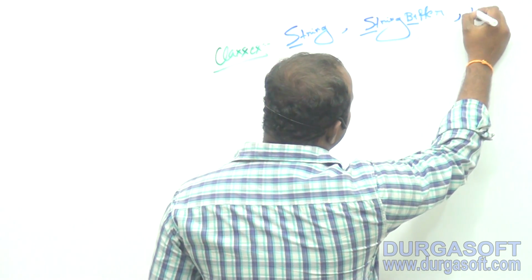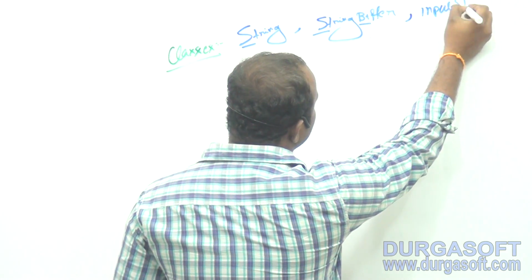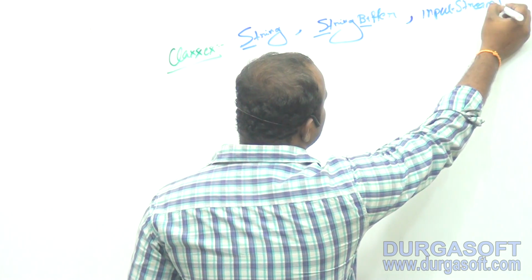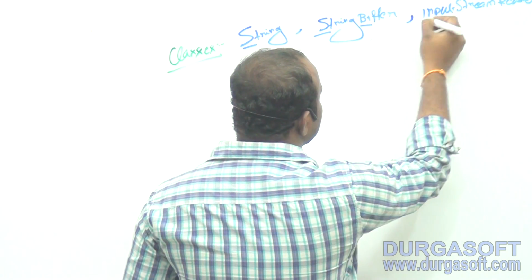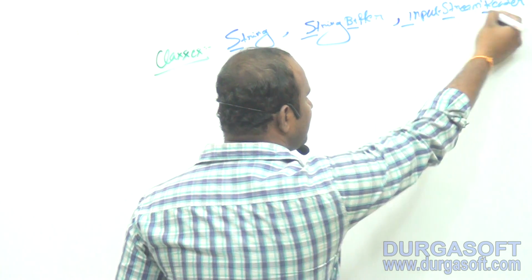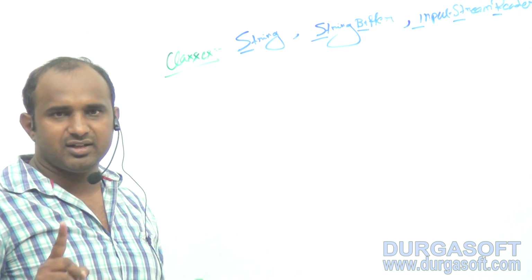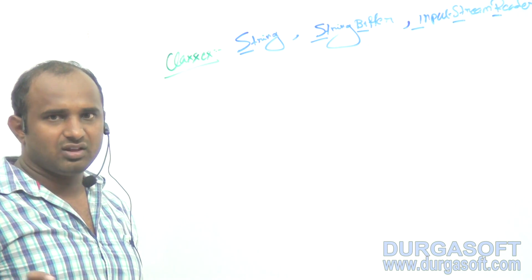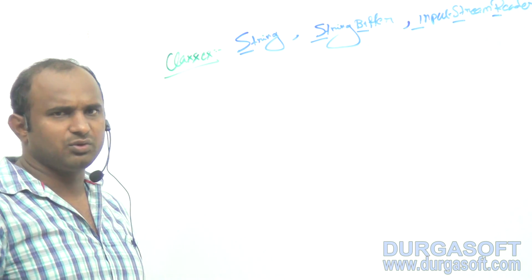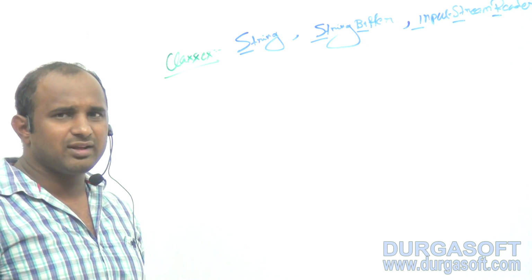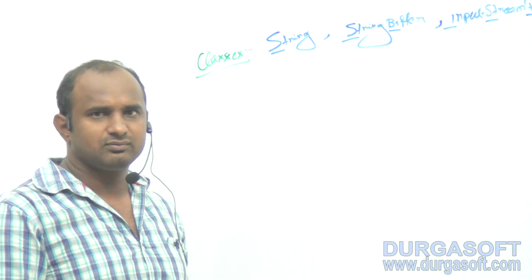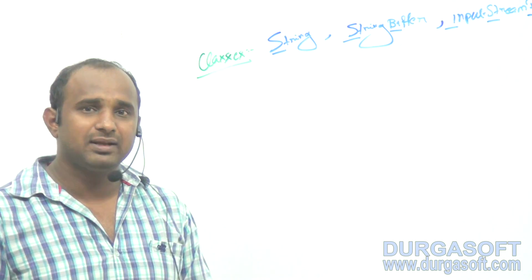InputStreamReader. In InputStreamReader, I is capital, S is capital, R is capital. So a class name starts with a capital letter and every inner word also starts with a capital letter. This convention is also known as the Camelcase Convention.